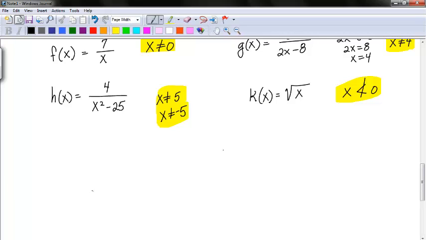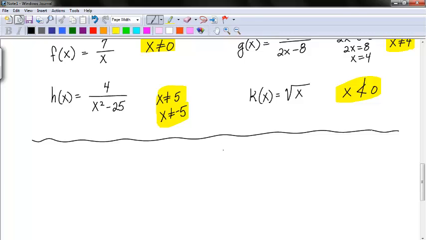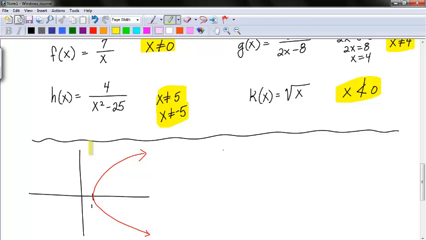I want to go back and look at a couple more graphs. Let's say I had a graph like this, and if I ask you to find the domain and the range, for the domain, you look starting from the left and go to the right.